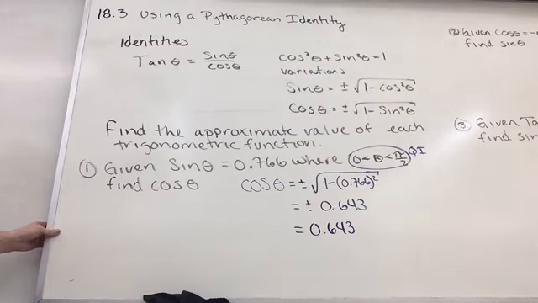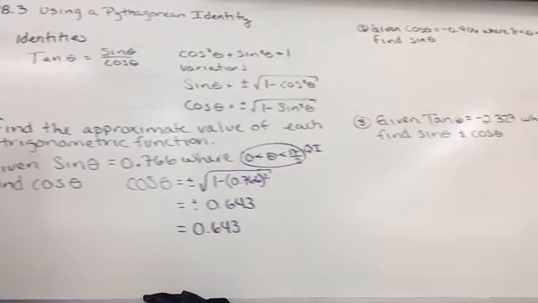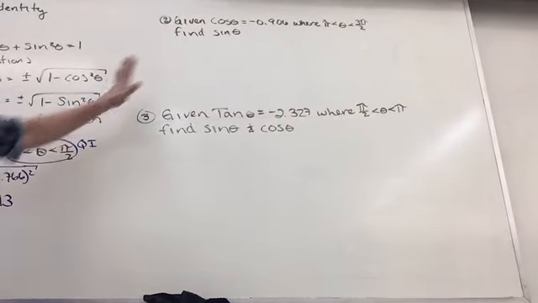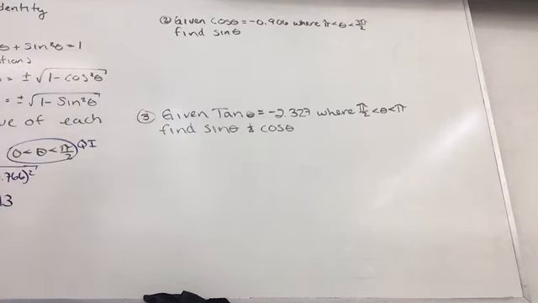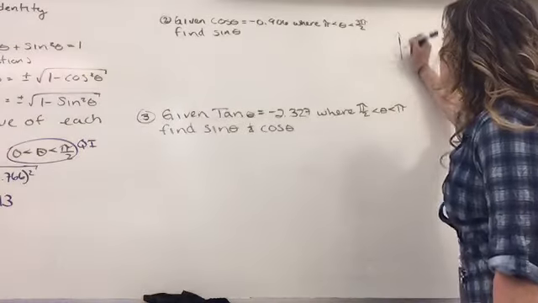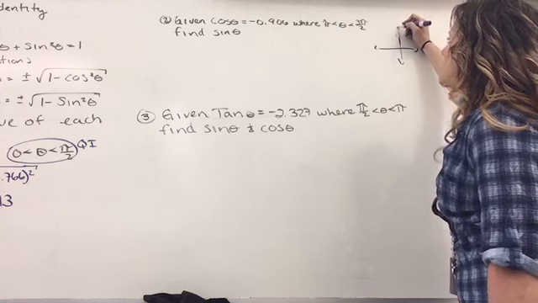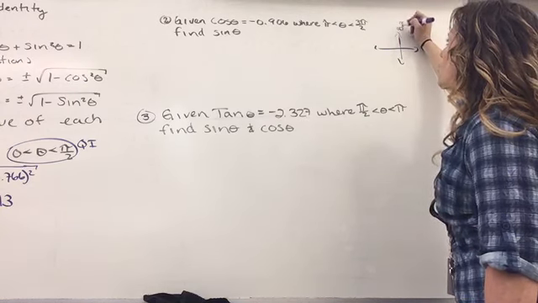So we're going to try that again. We're going to do it with given cosine and sine, except they're going to change which quadrant we're talking about. So here, we're given cosine is negative 0.906, but because it says we're between pi and 3 pi over 2, really quickly, looking at this, 90 degrees is here. This is pi over 2.